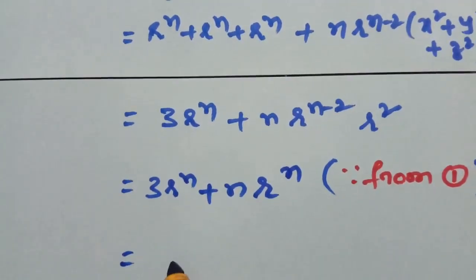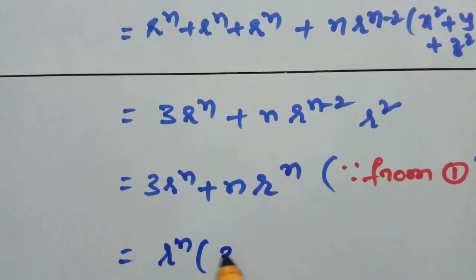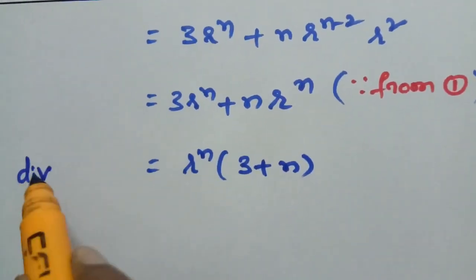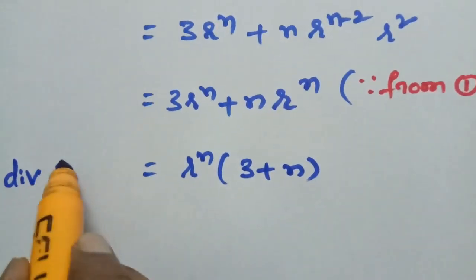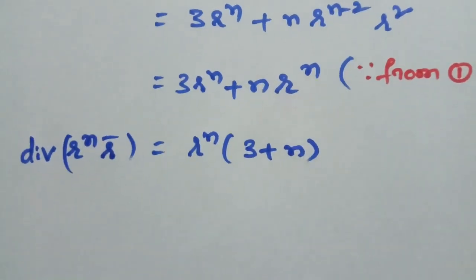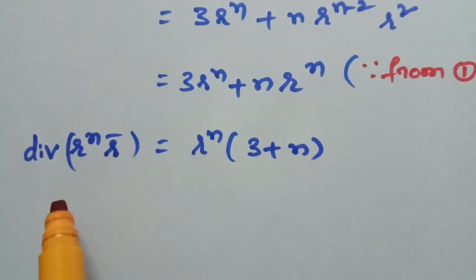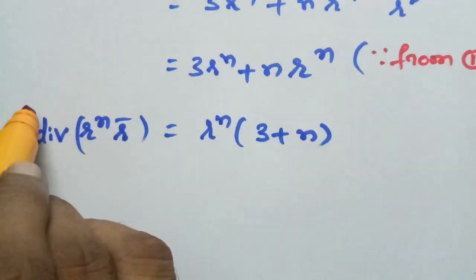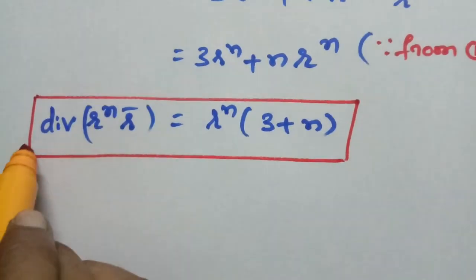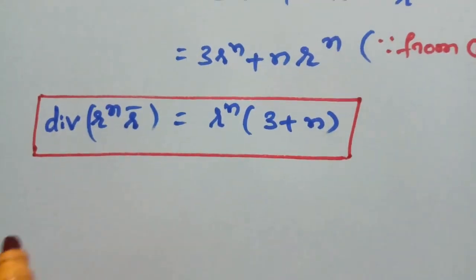Again r power n is a common factor, so r power n into 3 plus n. Therefore on the left hand side, we started with the divergence of r power n into r bar. Finally we get the answer r power n into 3 plus n. This is our required answer.